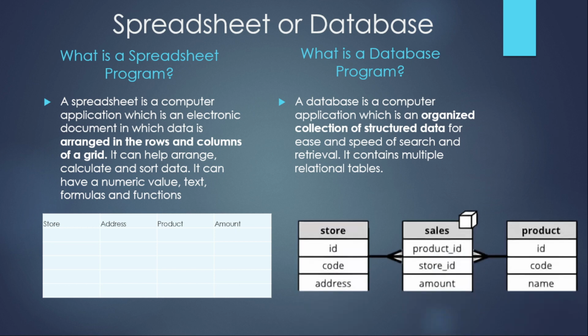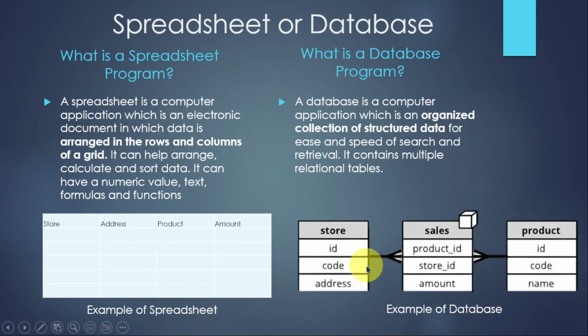We have another example here for a database, using a similar example to the spreadsheet. So if this data under spreadsheet was to be a database, this is how you have it. You basically turn these columns into tables and you make them relational so that you can retrieve the data faster and easily.